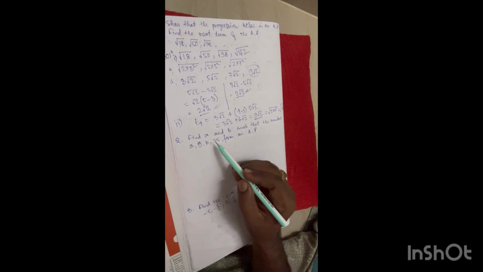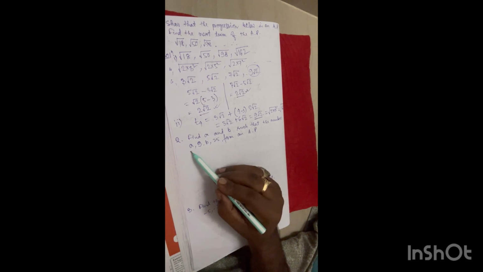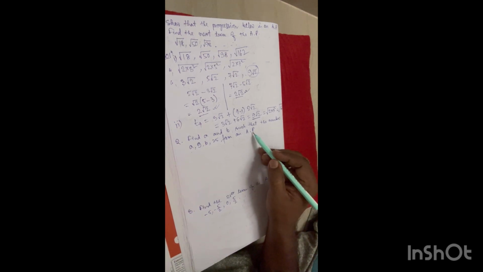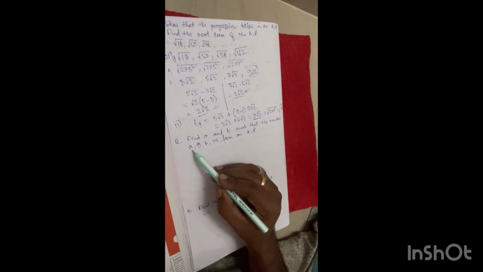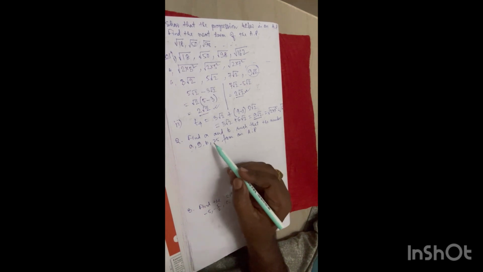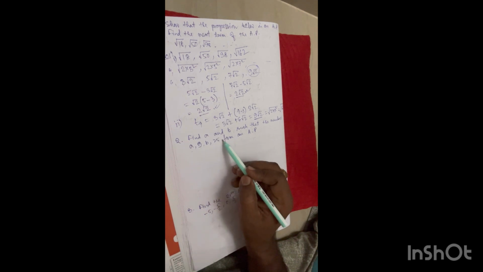So it is already declared that these terms are in sequence and follow the series of an AP. That means these terms are consecutive to each other. There are no terms in between. It is following the AP series, and these are the consecutive terms.